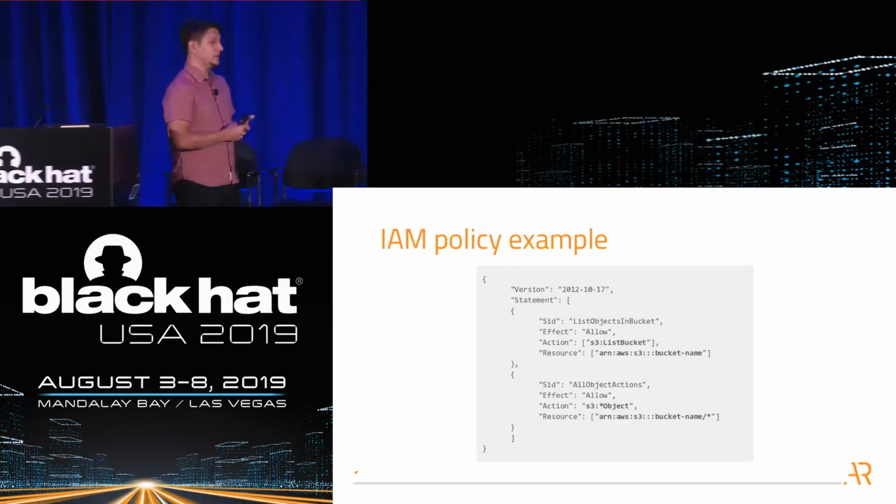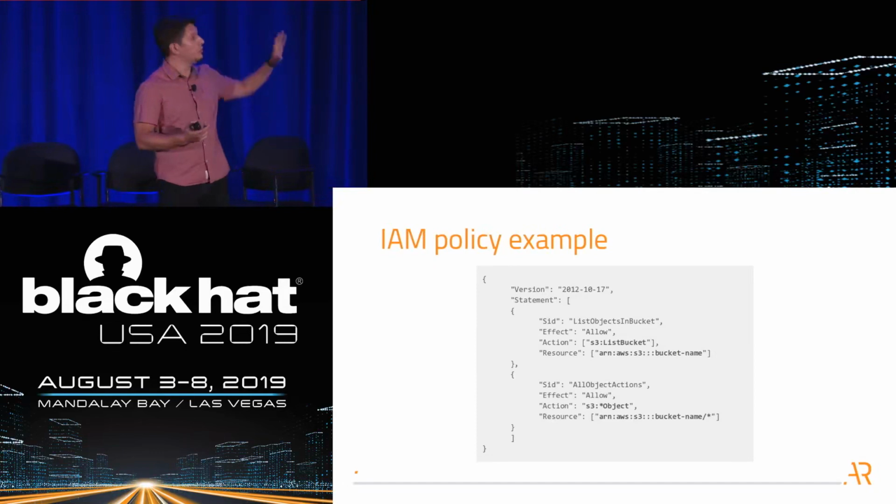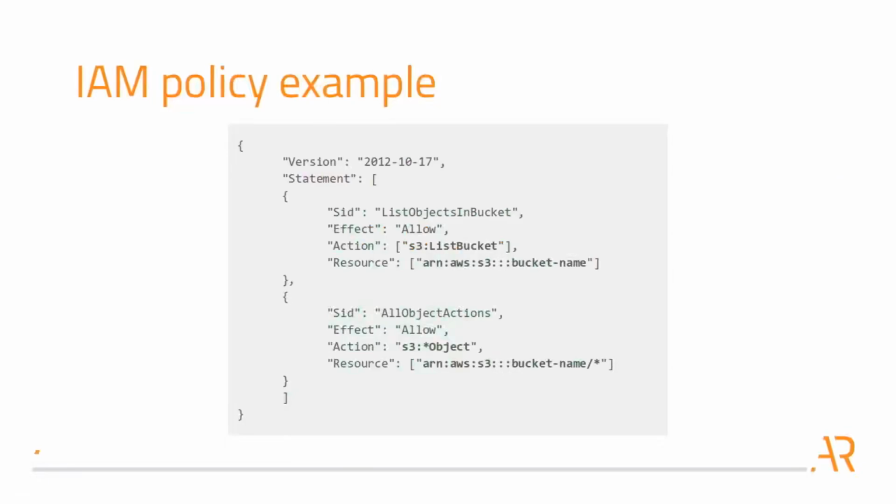Permissions in AWS are defined like this, with policies. In this policy, we see how we are allowing S3 list bucket on a specific bucket name and S3 star object on that same bucket.